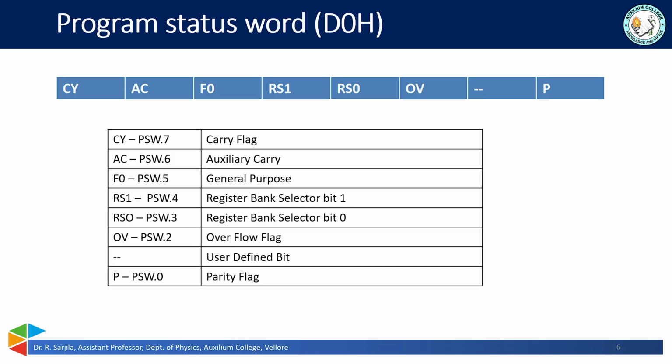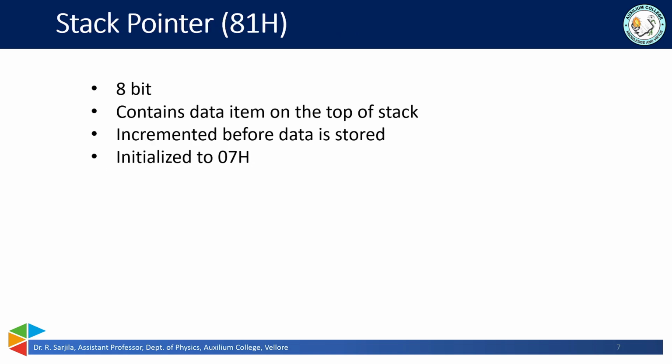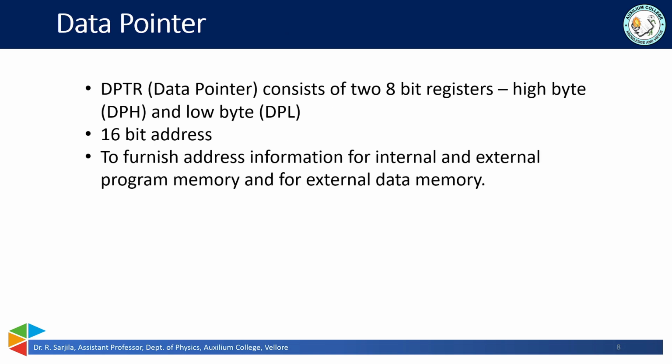This set of flags contains the status information and is considered as one of the special function registers. Stack pointer. SP is an 8-bit register used to hold an internal RAM address that is called the top of the stack. This 8-bit wide register is incremented before the data is stored on the stack using push or call instructions.